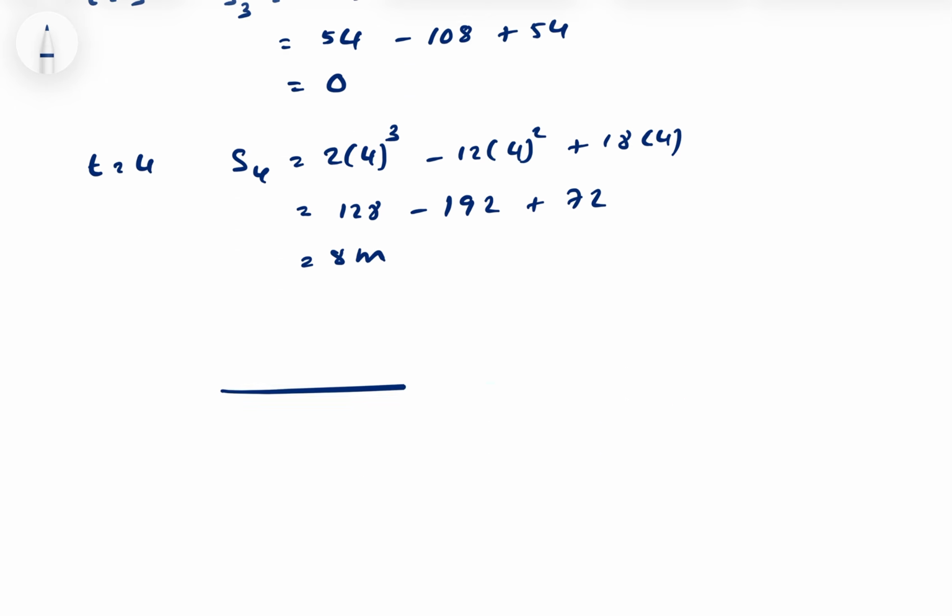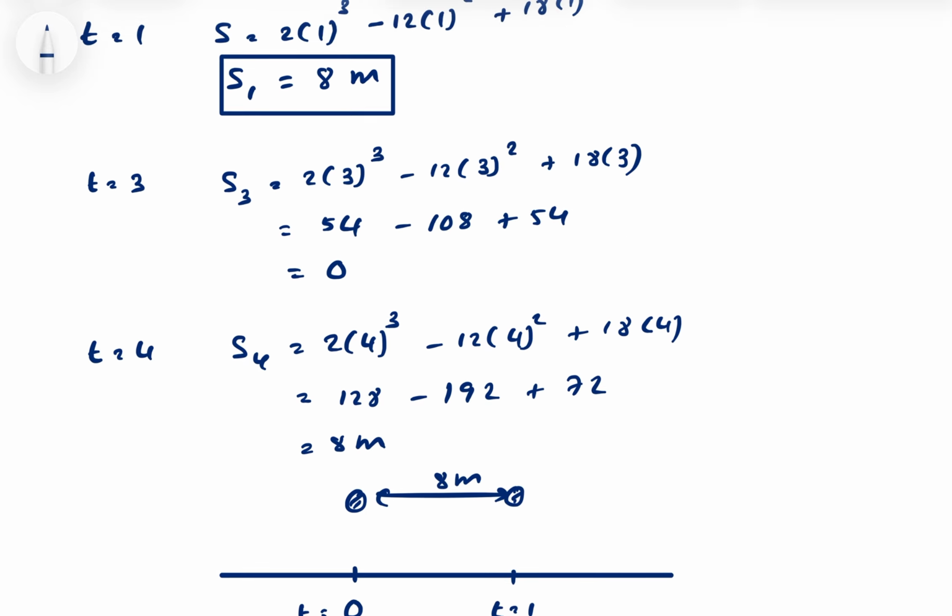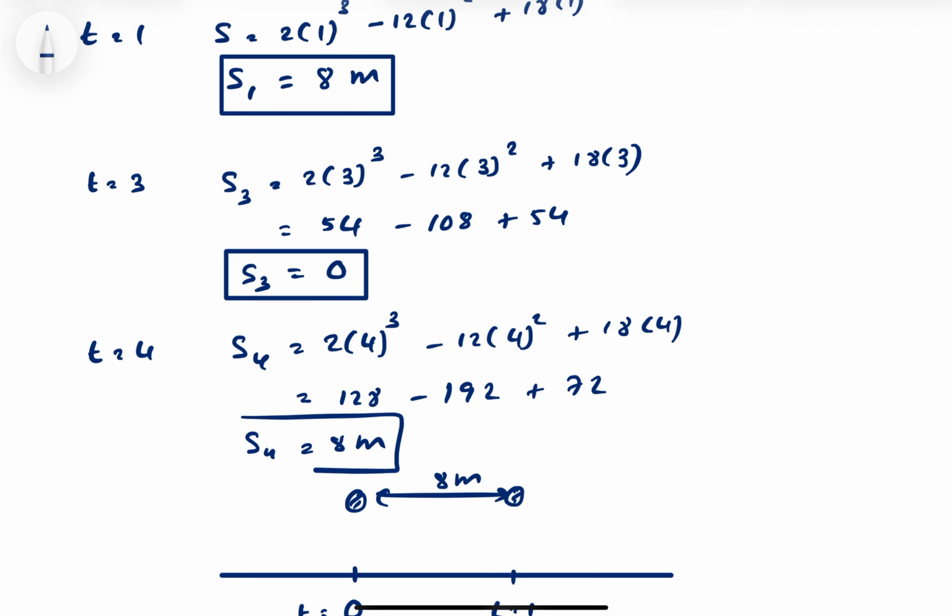Here's the number line, here's 0. At t equals 0, the particle was here. When t equals 1, the particle has traveled 8 meters to the right because s1 is 8. So s3 is 0 and s4 is again 8.